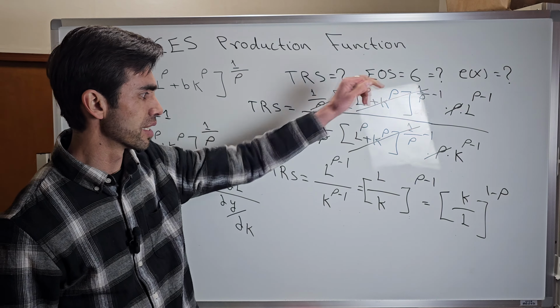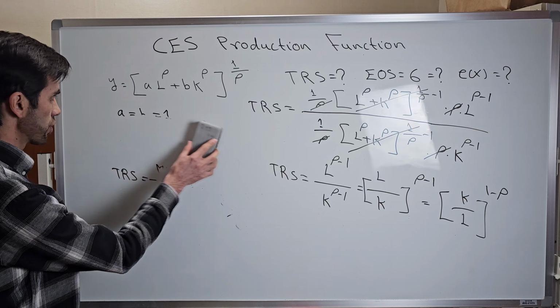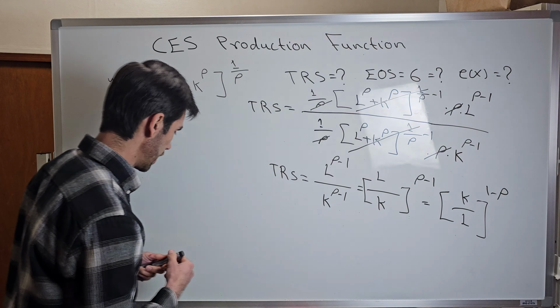Now let's move to the elasticity of substitution. We know that the formula for the elasticity of substitution is equal to the derivative of the logarithm of the input ratio, which is K divided by L, with respect to the logarithm of the absolute value of the TRS.